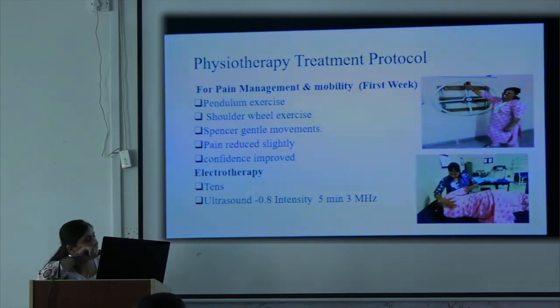So only gentle movements are applied; not all the expansion technique is applied in the first week. Pain reduced slightly and patient confidence improved. Electrotherapy: we use TENS for pain reduction therapy and ultrasound, 0.8 intensity, 5 minutes, 3 hours.